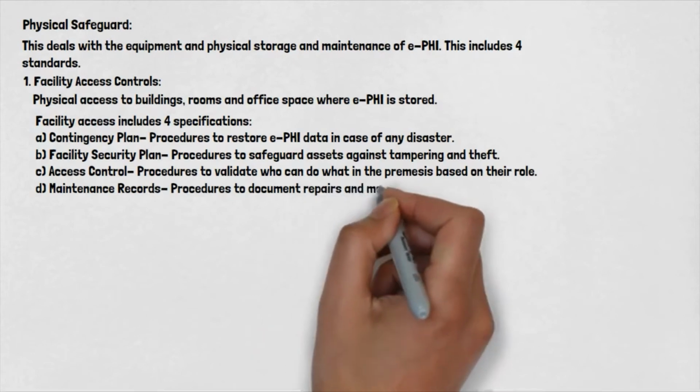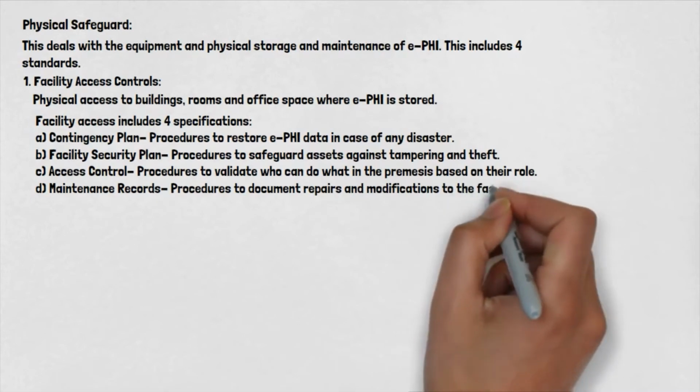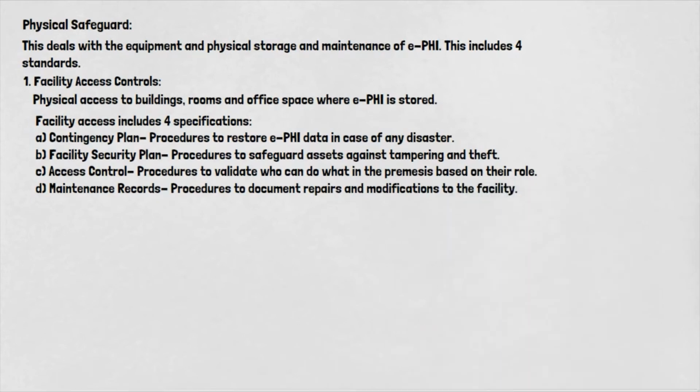And the next one is maintenance records. Companies should have procedures to document repairs and modifications to the facilities. If hard drives containing ePHI have been moved from one room to another because of maintenance work, that should be documented.